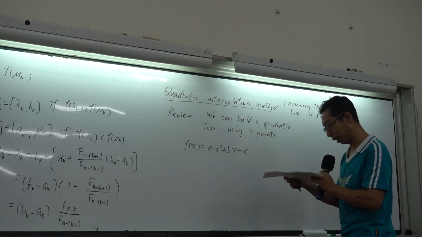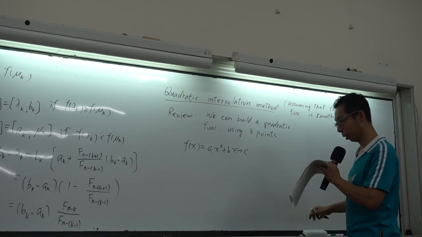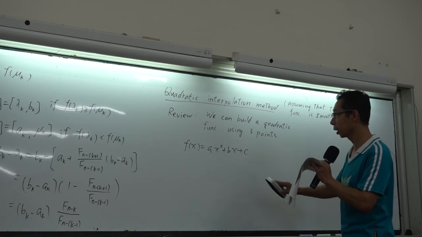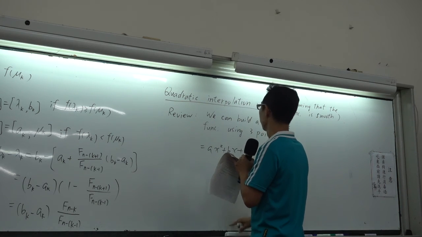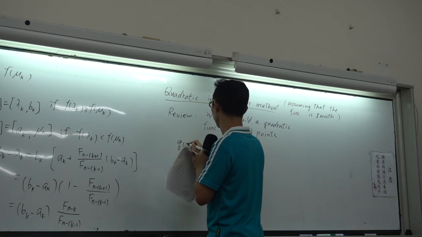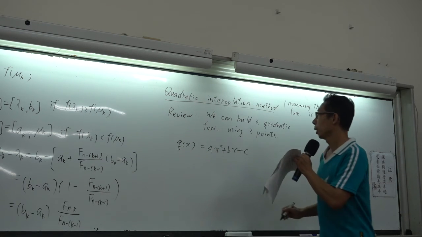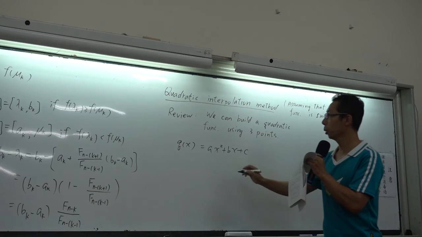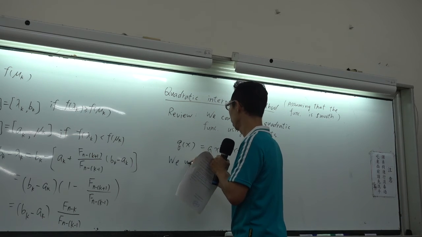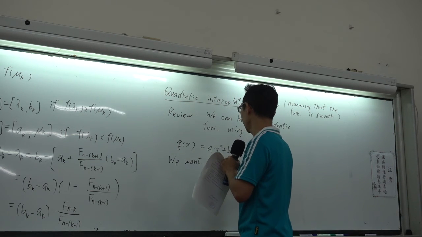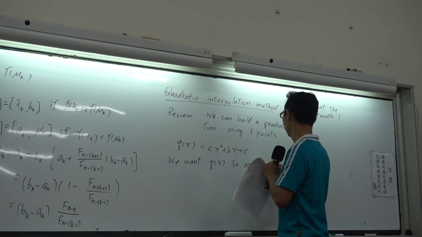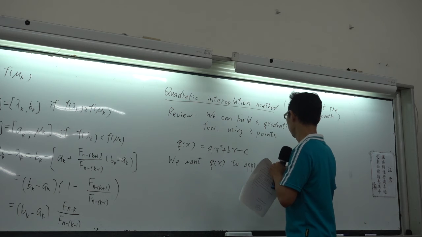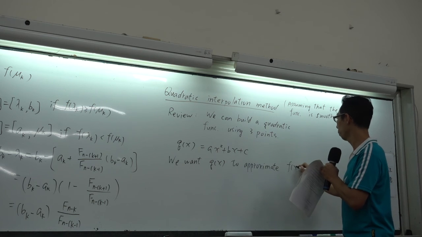So over here, let me just say the same thing according to this. Okay, but let me use Q. That is, we want this Q of x to approximate the original f of x, okay?